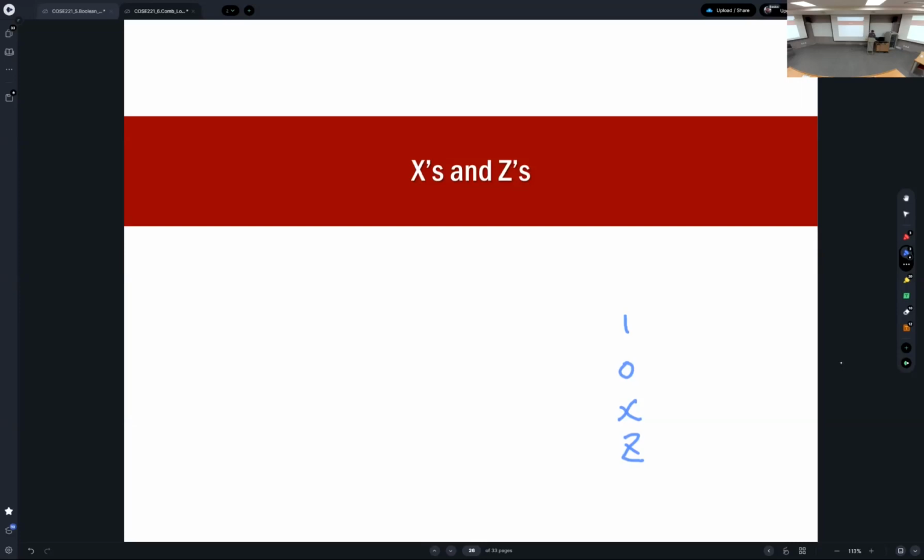Which means that the voltage is translated into the digital levels 1 and 0. The voltage is actually an analog signal, and it can have many different values, many different representations. But we only consider 1 and 0. Then what is X and what is Z?